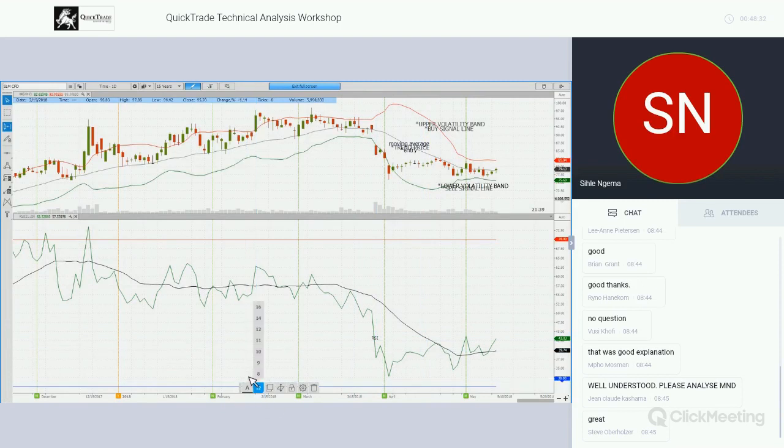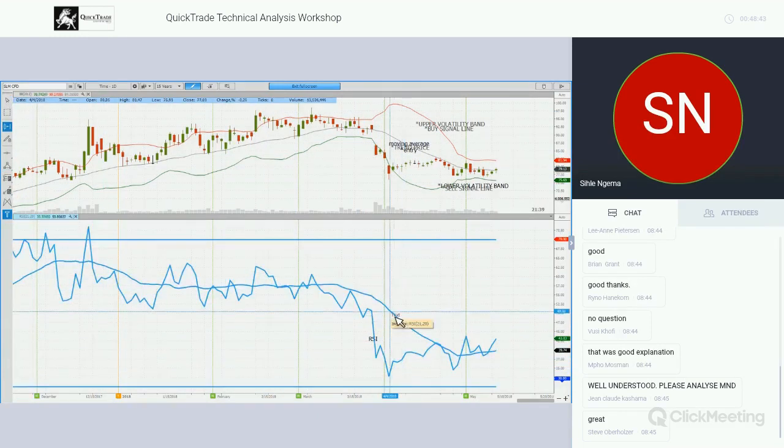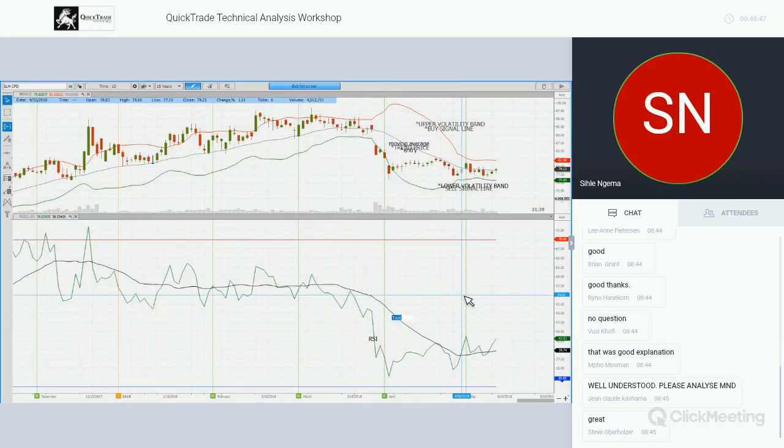There you have it, the relative strength index. The black line that you see on the very same indicator, that is your moving average. So we have our moving average here, which is our black line.